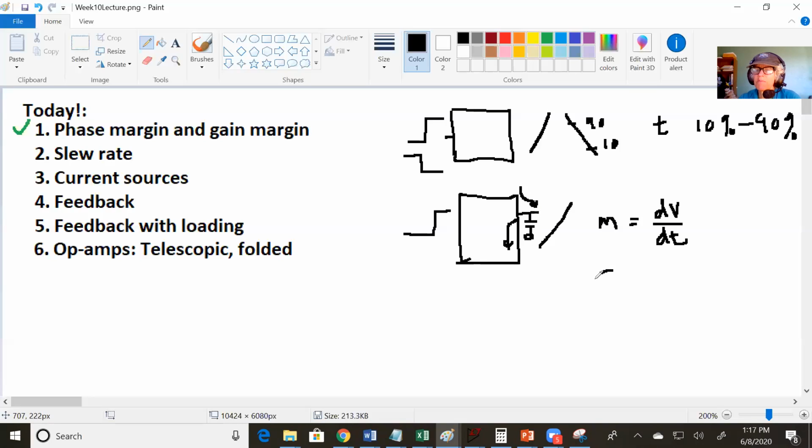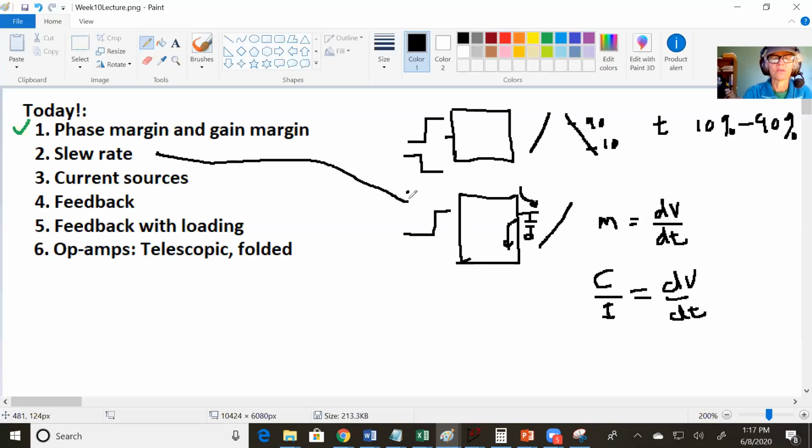If you remember, C over I equals dV/dt. So if somebody gave you your capacitance and you knew the current onto this node, you could find the slew rate here.